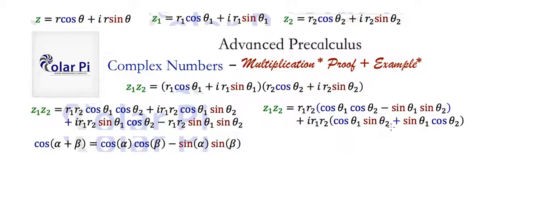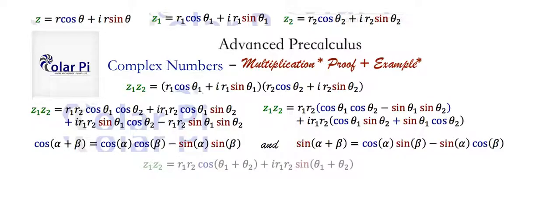And then if you look at the sine of alpha plus beta formula, you'll recognize that this is sine of theta 1 plus theta 2. So that's going to allow us to simplify the result for z1 times z2 tremendously.